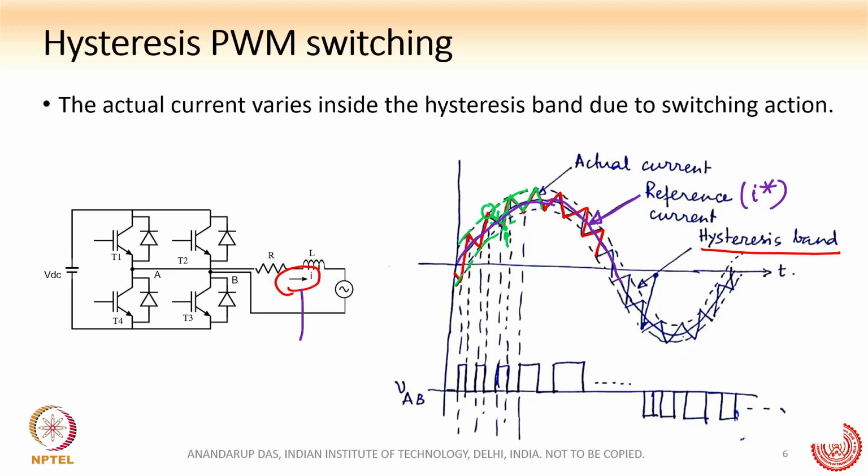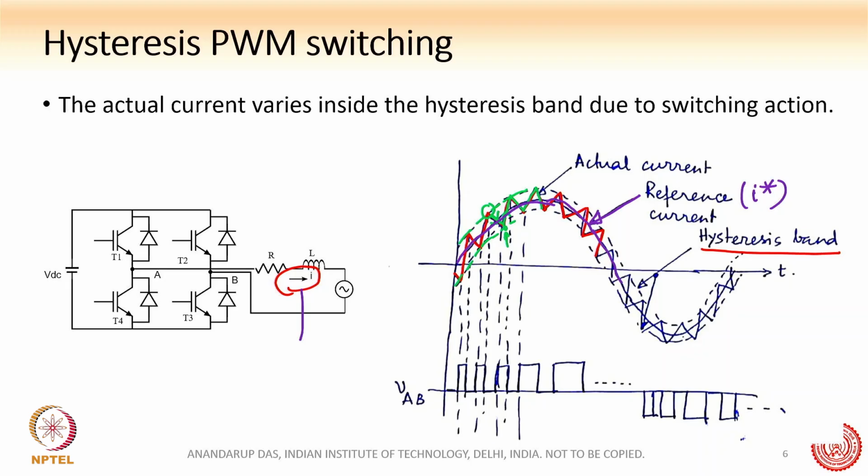This is the reference current which we want to follow. So there is an upper and a lower boundary to this reference current, and the actual current is following the reference current with a certain error, as dictated by the hysteresis band.